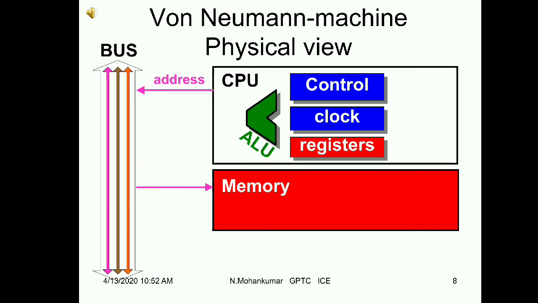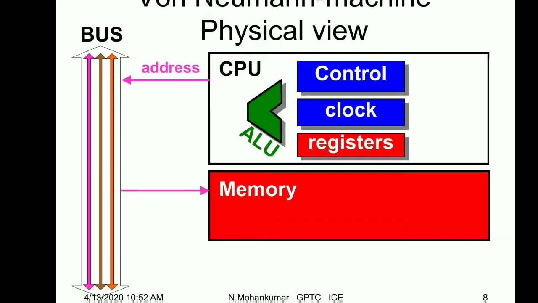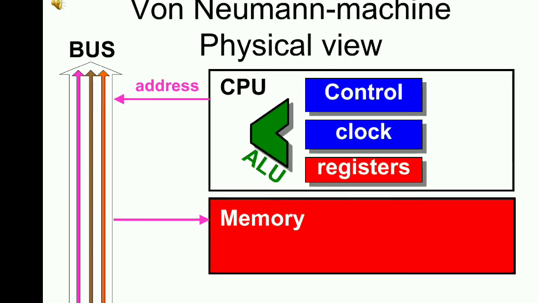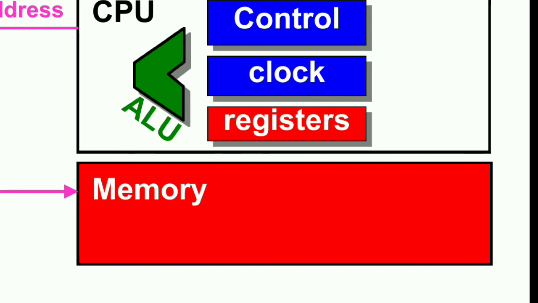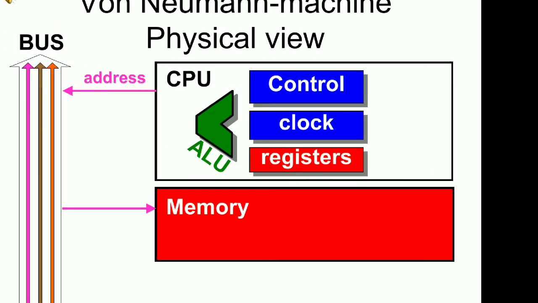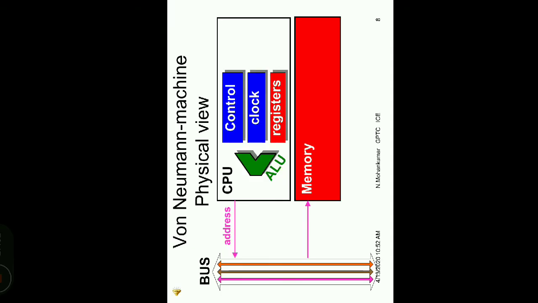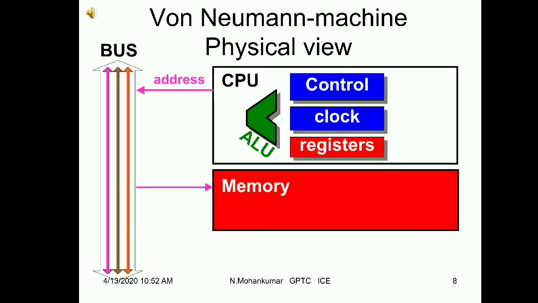That means if there are 16 lines in the address bus, 2 to the power 16, 65,536 locations will be there in this external memory. For example, in each location we can store 8-bit data or 1 byte of data. Then out of the 65,536 locations, we can store 64 kilobytes of data. 65,536 bytes is nothing but 64 kilobytes, dividing by 1024.